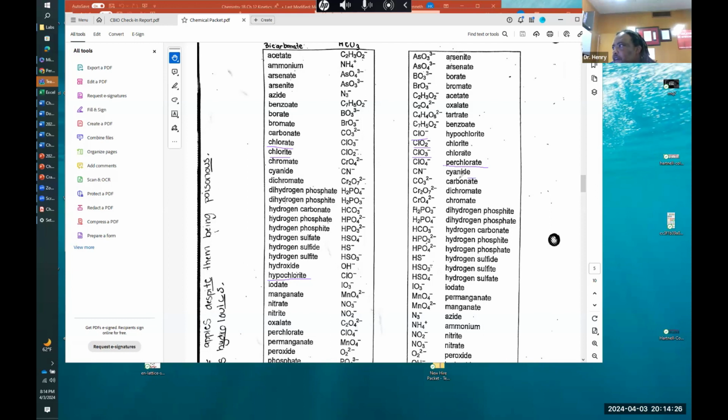If I have carbonate, and carbonate is CO3 2 minus, what would be carbonite? CO2, that's right. And don't forget the charge, 2 minus. That's going to be called carbonite.